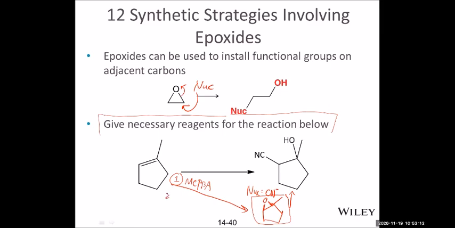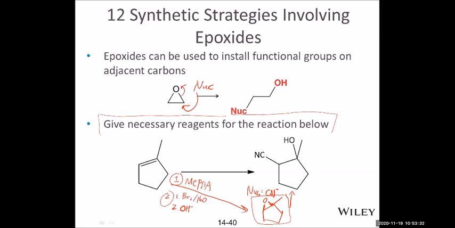The other way is two steps. Step one is bromine and water, which gives you halohydrin. Second step, we add hydroxide to catalyze the ring closing, forming the epoxide.